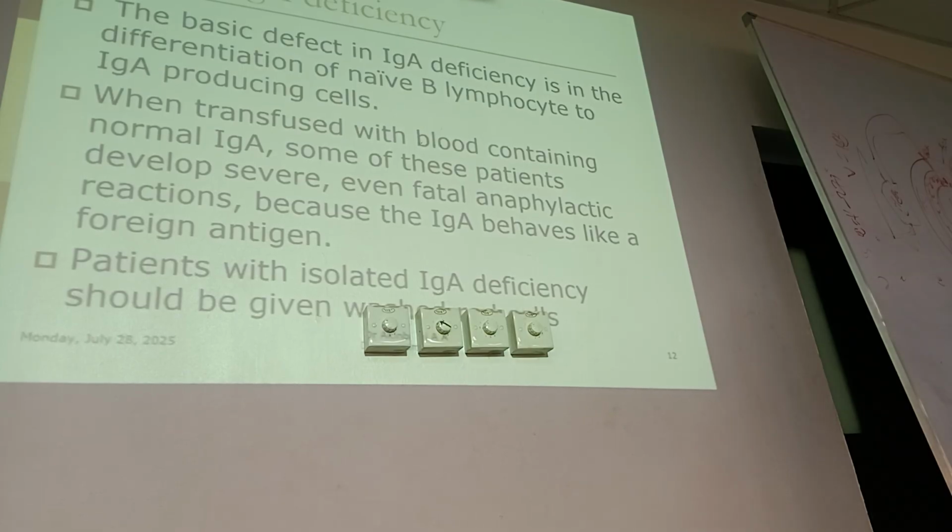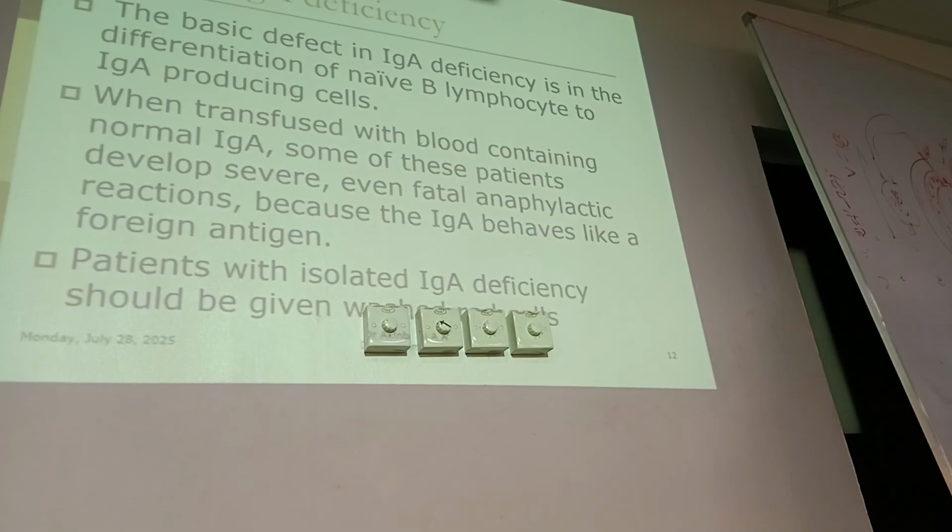You need to wash the blood before you transfuse, because if you wash it, you deplete the IgA content in the plasma. How do you wash? You wash the blood with normal saline and decant.